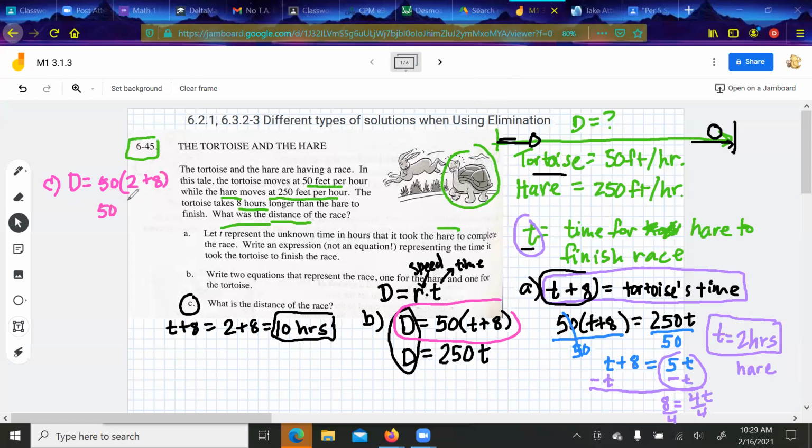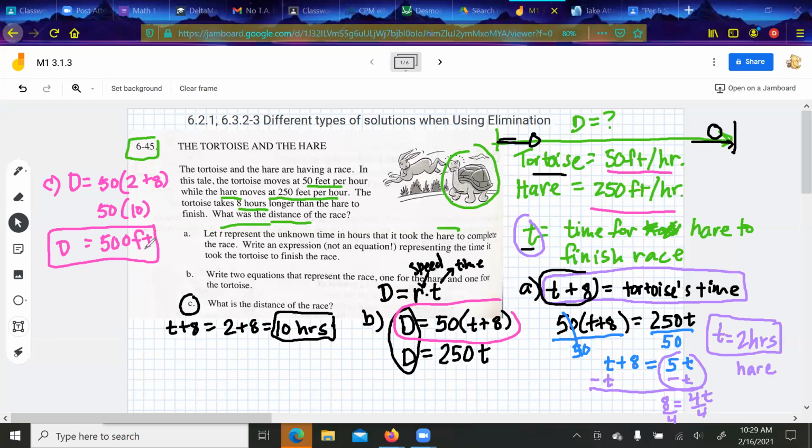So 50 times 10 is how many feet? 500 feet. And that makes sense because the hare raced for 2 hours and he was going 250 feet per hour. So that's 500 feet. And if the tortoise goes 10 hours at 50 feet per hour, he's also going to go 500 feet.